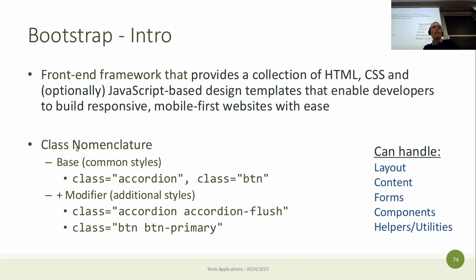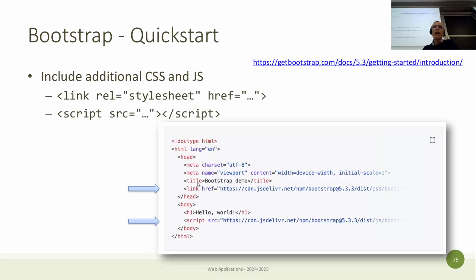The nomenclature for the class is basically a basic name that is the common style: a button, a list, a table, and so on. And then additional styles, such as a primary button, secondary button, a warning, a danger, a success, whatever. You will learn them. It's easy, the documentation is online. The library handles everything: layout, content, forms, etc. How do we use it?